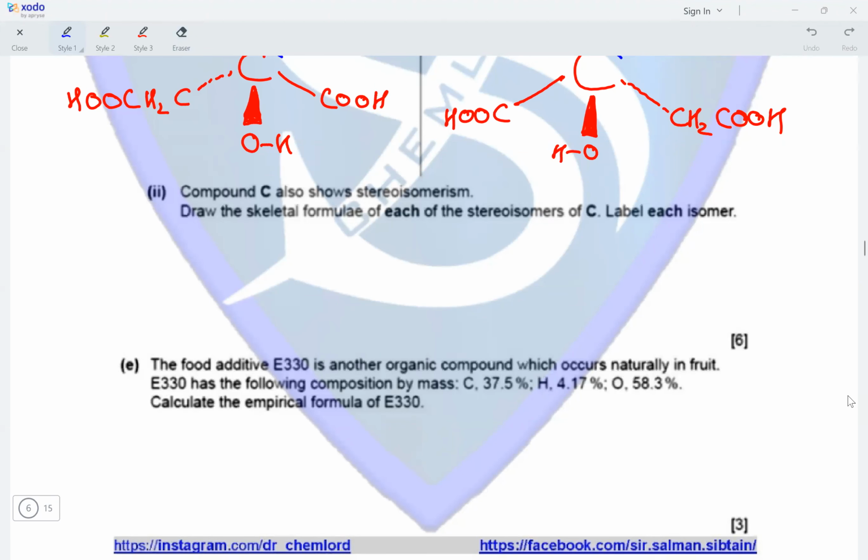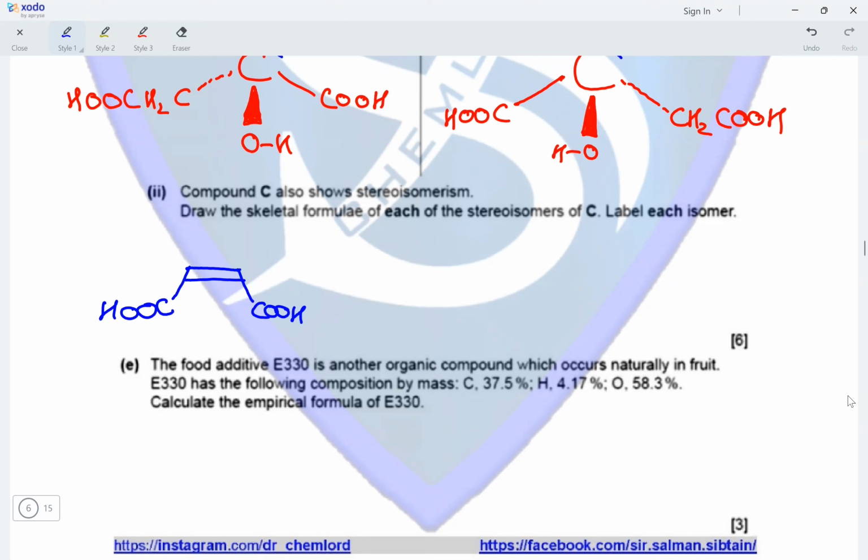Compound C also shows stereoisomerism. Now compound C is the alkene. Draw the skeletal formula of each of the stereoisomers of C and label each isomer. So compound C is 4 carbon atoms with 2 COOH groups and 2 CH groups with a double bond between them. So they've asked us to draw the skeletal formula. So we have a double bonded carbon atom with a COOH here and a COOH here.